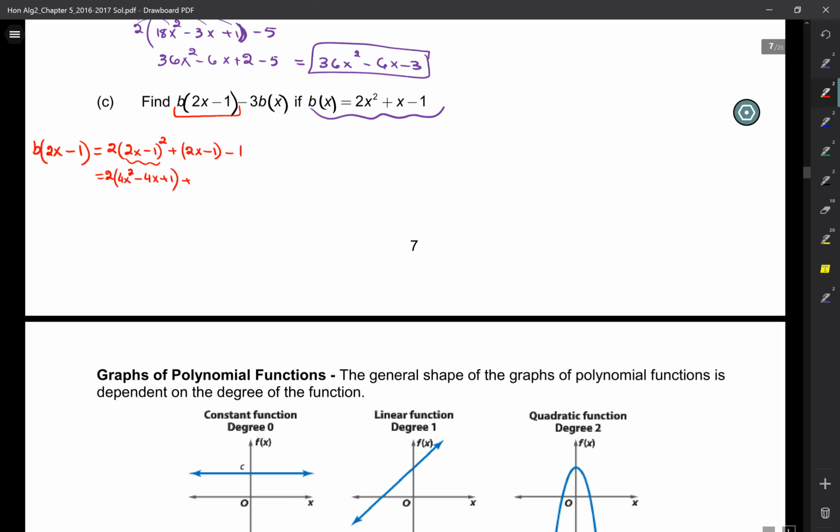Plus, what do I get here? 2x minus 2. Everybody with me so far? Now, here we get 8x squared minus 8x plus 2 plus 2x minus 2. So this is 8x squared minus 6x, and that's it, right?